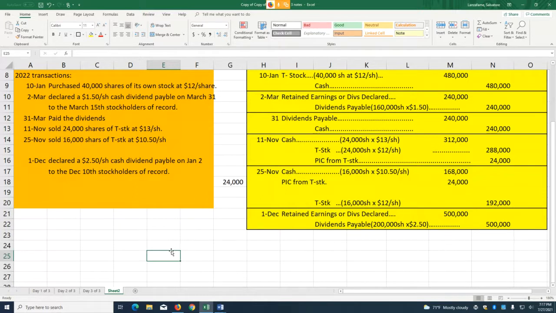But now it's saying close the 1,072,000 credit balance into income summary. So on December 31st, we closed income summary, and it had a credit balance of 1,072,000.